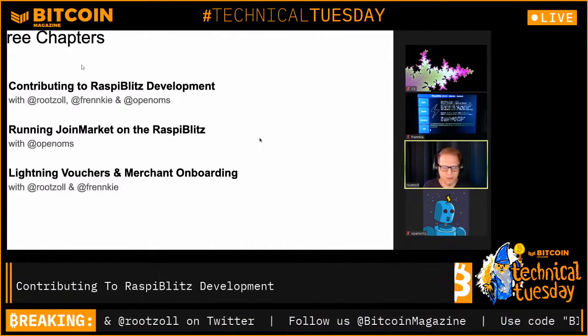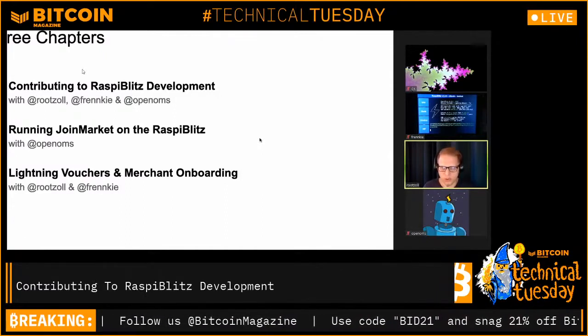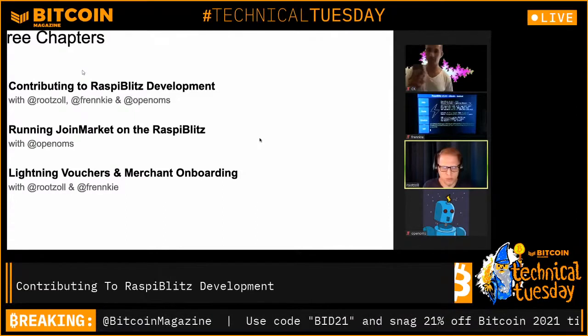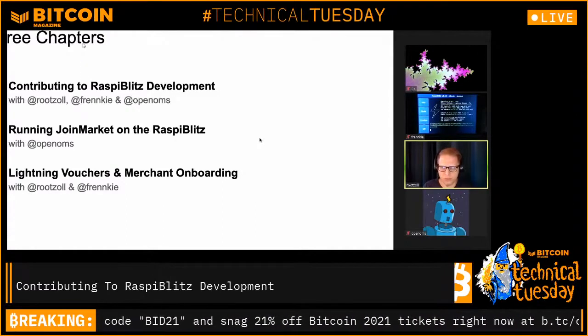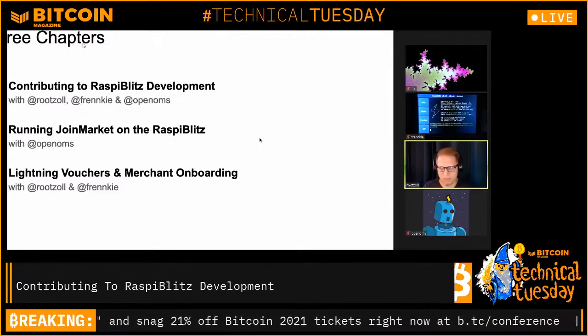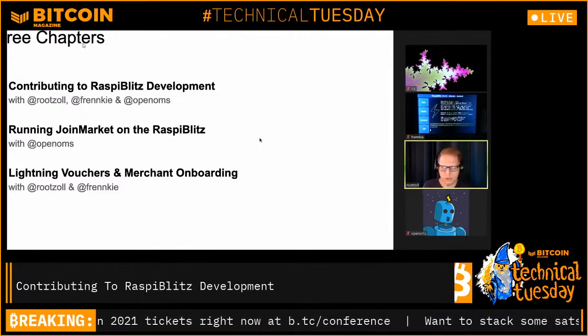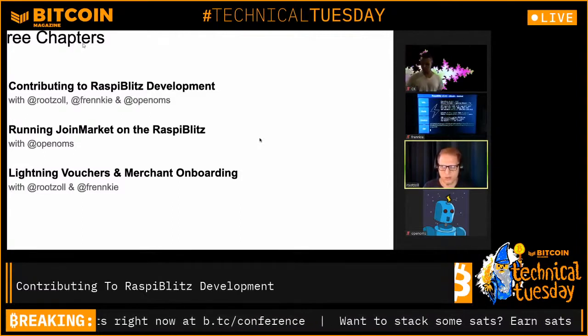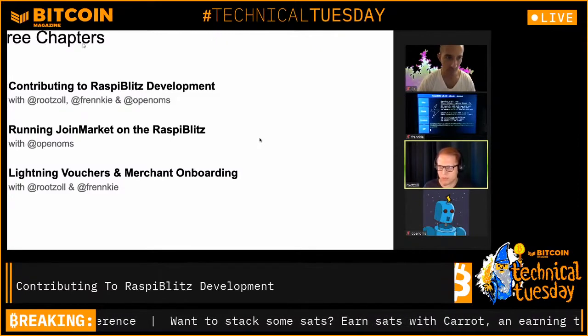It's doing Lightning vouchers and merchant onboarding with the RaspiBlitz, so really utilizing your RaspiBlitz for your local community. And in the beginning of that section, we will go a little bit deeper into the IP2Tor and Let's Encrypt setup that you need to do this, so that people in your community can easily reach your services that you're hosting from home. So I think when we're ready, we can jump to part one, right?